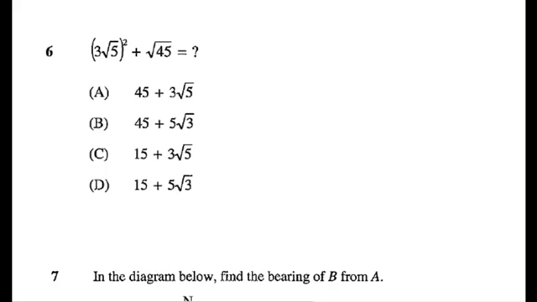Question 6 is a surds question. Okay, if you square 3 root 5, that means you get 3 root 5 times 3 root 5, which is 9 times 5, because root 5 times root 5 is 5.